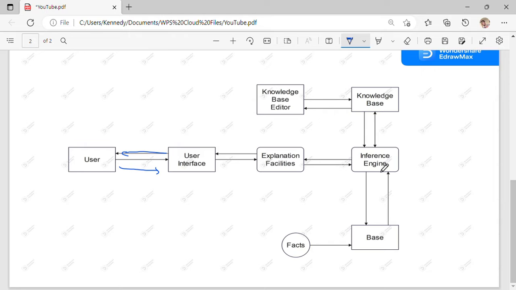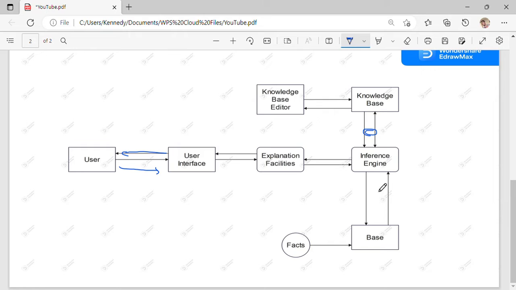Let's take this for instance. The user is having a constant headache. Okay, so if I ask what's the problem, right, the inference engine will ask the knowledge base. This is an interaction right here. Now, if I can define the knowledge base, it's just where the domain knowledge for problems is being stored.